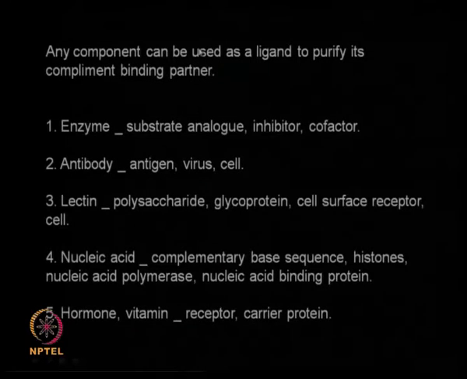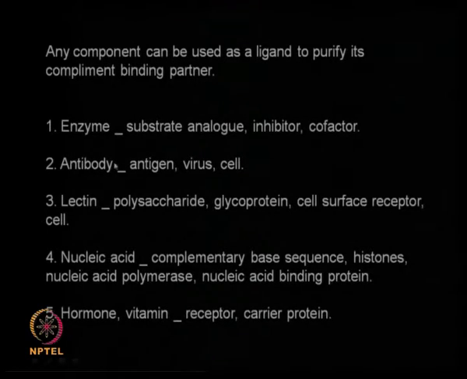So any component can be used as a ligand to purify its complementary binding partner. For an enzyme, it could have a substrate analog, an inhibitor, or a cofactor. If it is an antibody, it could be an antigen, a virus, or a cell. So if I am going to separate a virus present in a mixture, I run it through an affinity chromatography where the antibody is my affinity ligand.